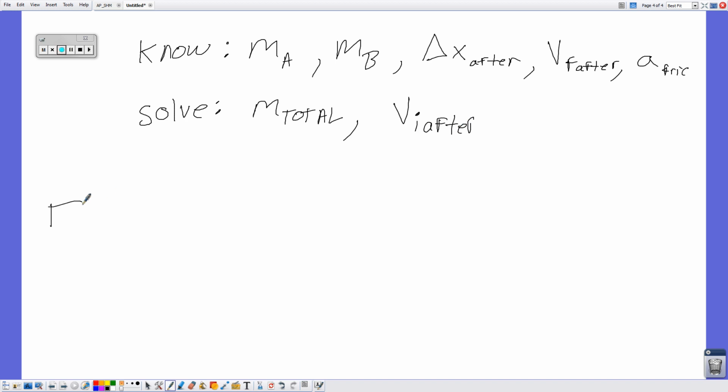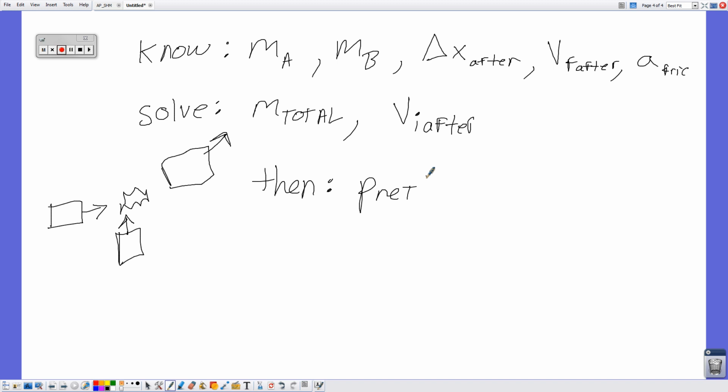Because remember, in case file 7, you got a car going this way and a car going this way, and they collide, and then you get a big ol' wreck going that way. Alright. You find this. Then, find P net, where P net equals M times V. Then, you need to break it into your X and Y components.